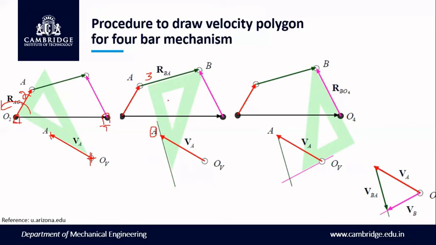Further, shift the set square to link number 4. Place the set square in such a way that one edge of the set square matches with link 4 and draw a perpendicular line to link 4 starting from OV. Because O4 is a fixed point, we will consider all fixed points at a common point, that is OV. So draw a perpendicular line from OV.